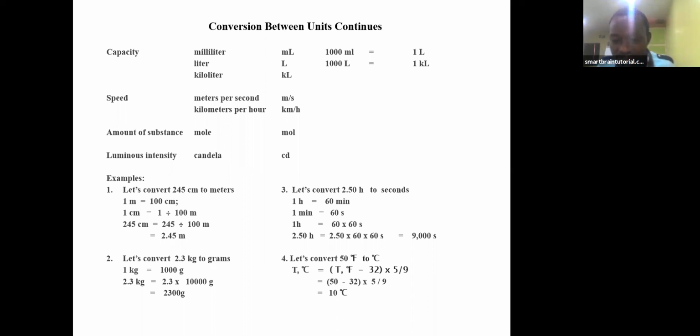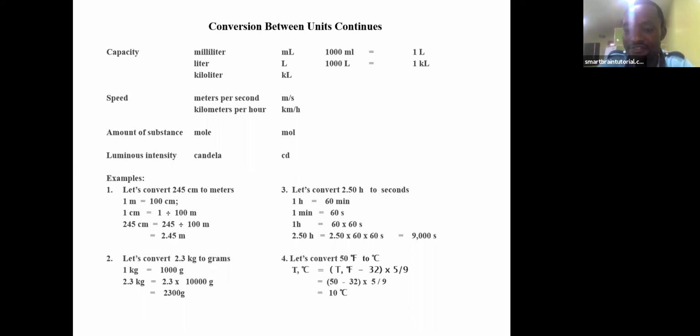There's a mathematical equation used to convert from degrees Fahrenheit to degrees Celsius. Temperature T in degrees Celsius is equal to, open bracket, temperature in degrees Fahrenheit minus 32, close bracket, times 5 divided by 9. That's the formula. You have to practice.